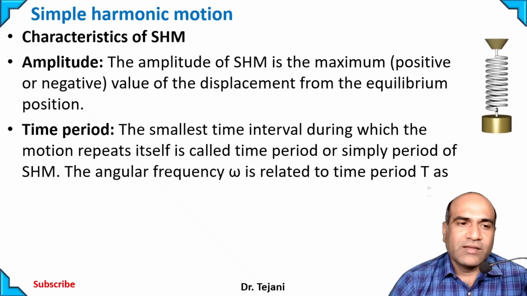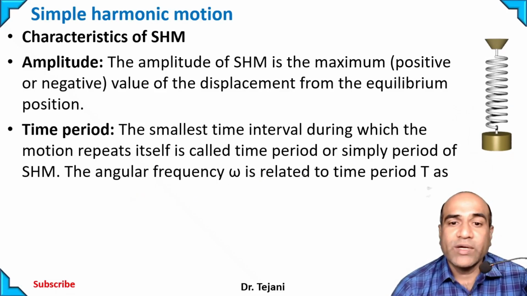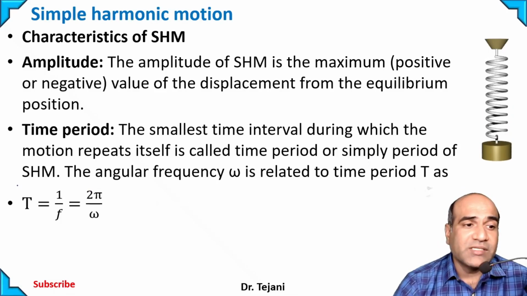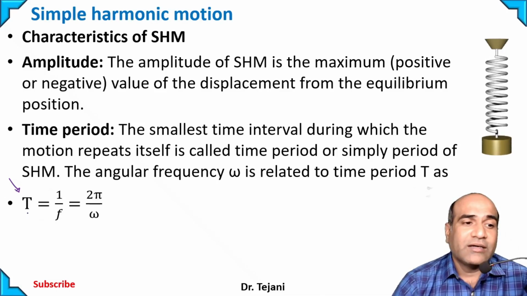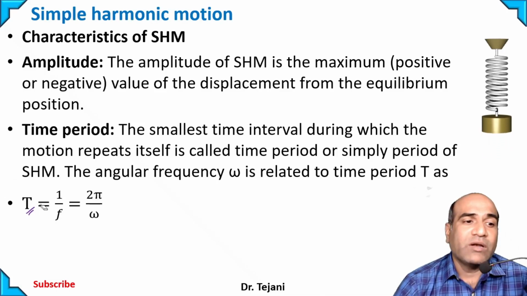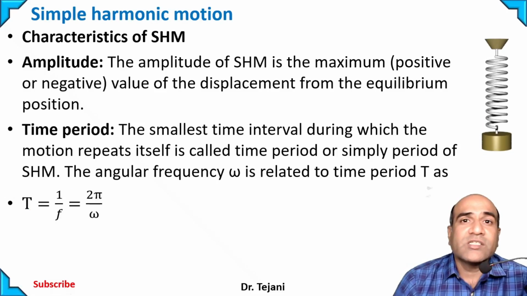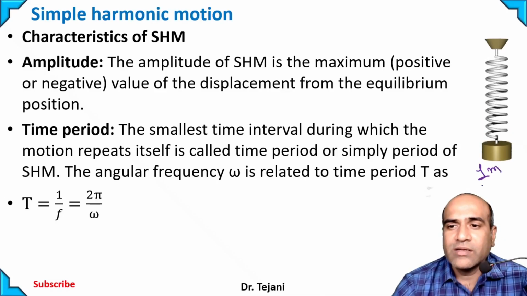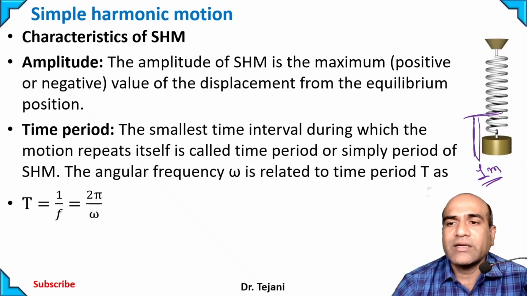The angular frequency omega is related to the time period, which is denoted by capital T. Time period is equal to 1 by frequency. What is frequency? Frequency means the number of occurrences per unit time. Say for example, in 1 minute, how many times will this system repeat its movement?